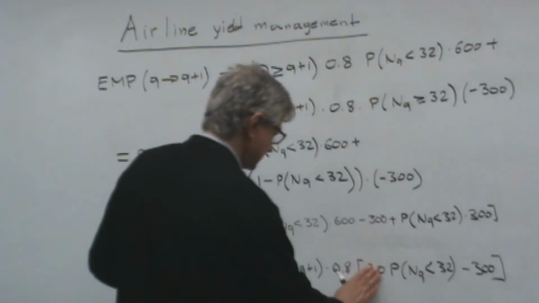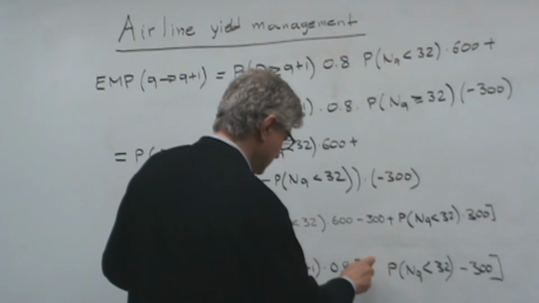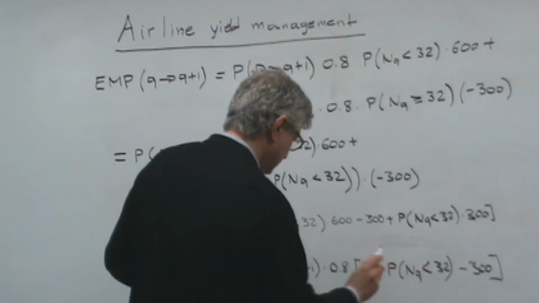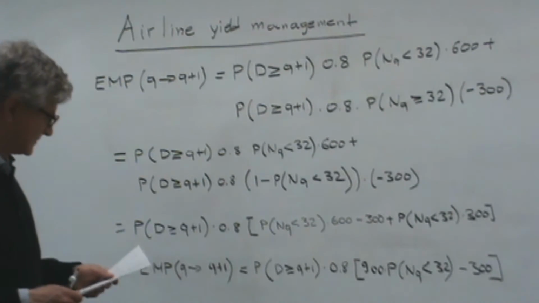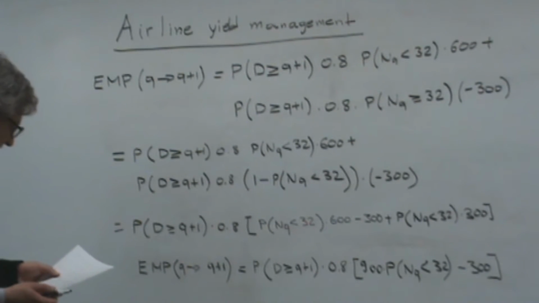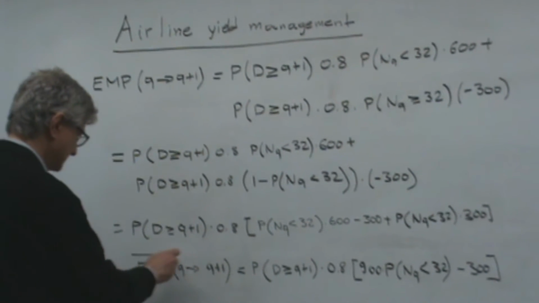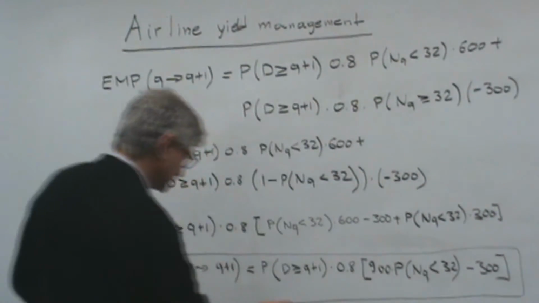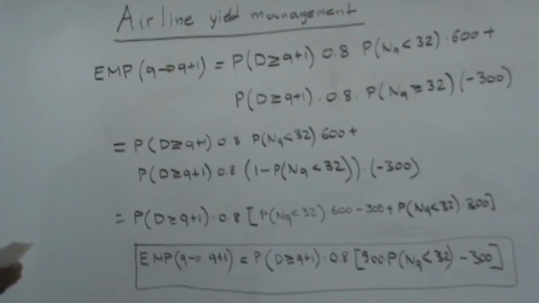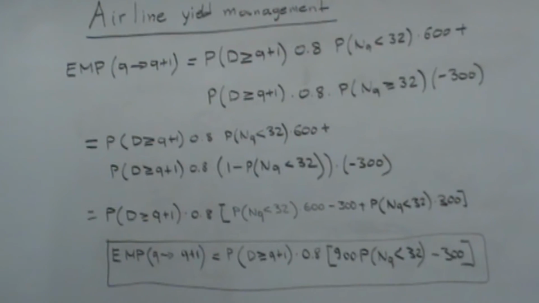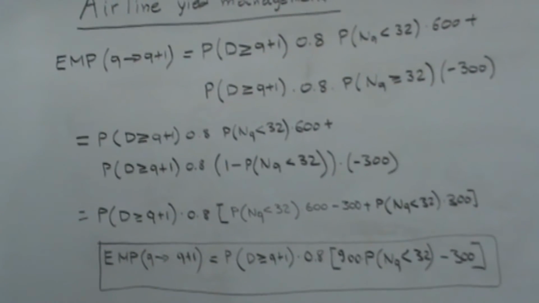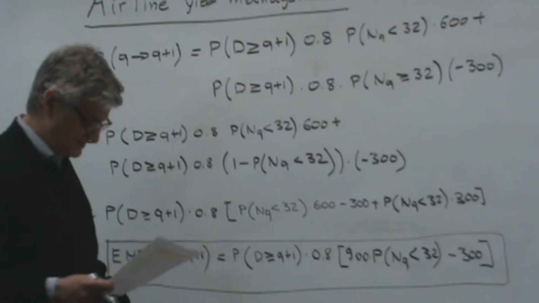Let's make the 900 a little nicer. And this is the final expression which gives you the marginal profit. You can program this equation and then start increasing the quota until the marginal profit becomes negative.